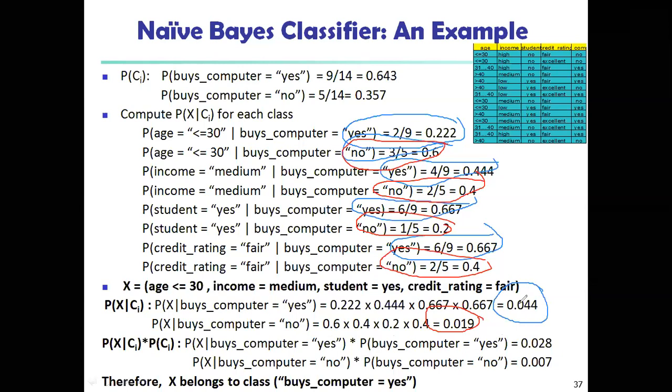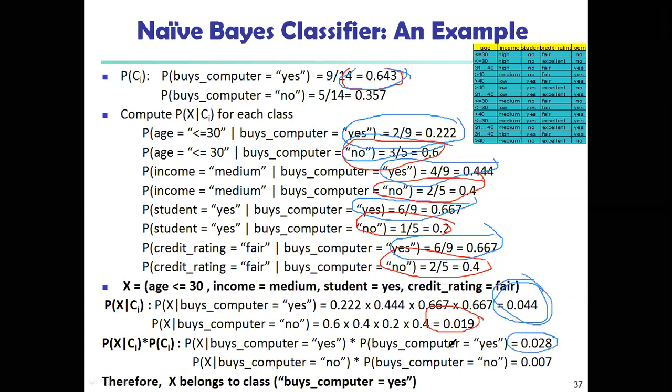So this is the value 0.044, multiplied by the value of the bias computer S, that is 0.64. Both of these you have to multiply to get the value.